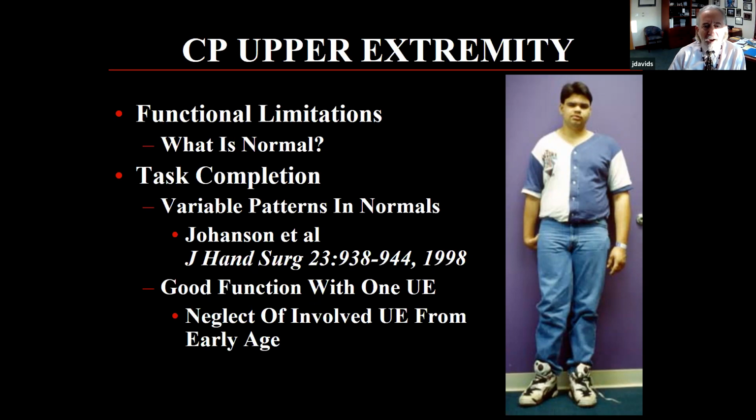If we can't define what is typical or normal, it makes it very difficult to define deviations from normal. Finally, as we have learned in caring for children with unilateral congenital below elbow deficiencies, it is possible to have very good function with only one completely functional present upper extremity. This leads to neglect of the involved upper extremity from an early age, which creates further functional deficits.